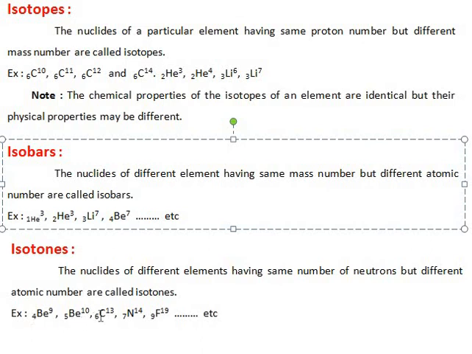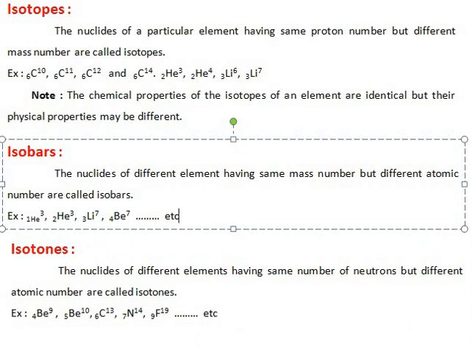Here also 6C13, the neutron number is 7, and here also the neutron number is 7, but the atomic numbers are 6 and 7. So these are known as isotones, dear students.